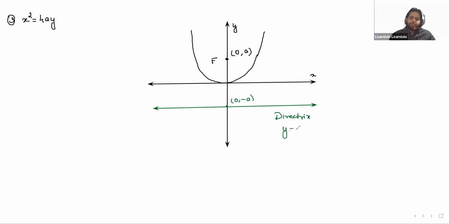Y is equal to minus a, very good. Now the axis will be this. This is the axis. So, Krishna, what is the equation of axis? X is equal to 0, sorry. Okay, this is x is equal to 0. Yusra and Hutvika, this clear? Yes, sir. Okay, good. Please note down this.